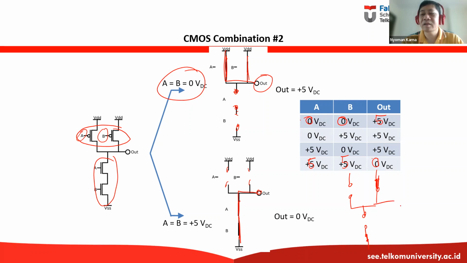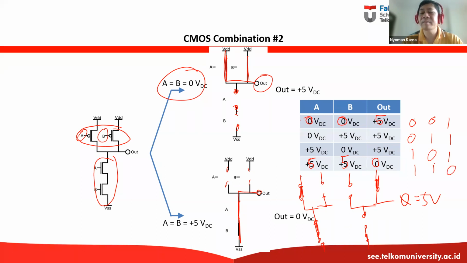So still the output will be 5 volt. And the other combination will become something like this. This one will be saturated, and this is the one that will be cut off. So the output will become like this: 0 0 1, 0 1 1, 1 0 1, 1 1 0. Yeah, this is the CMOS combination number 2.